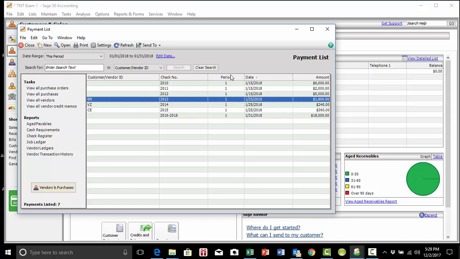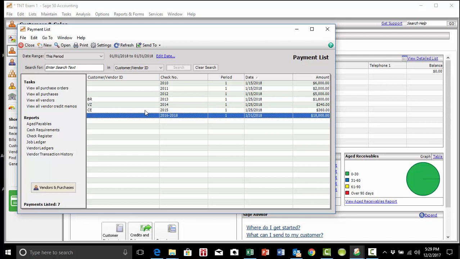Then we paid each partner $6,000 for January draw. And again, these are payments. You can use it in the same window. This is payments, bills, pay bills, payments, same thing. I told you it was check number 2016 to 2018.